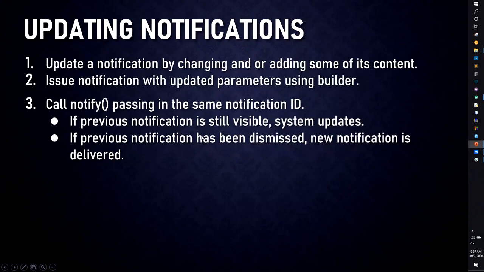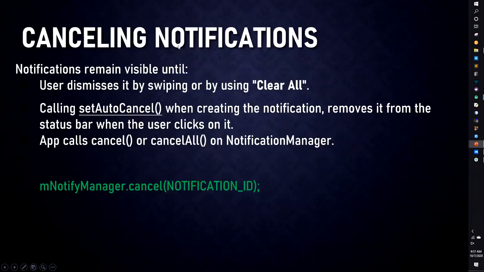If your previous notification is still visible in your notification drawer, the system will update that notification. If the previous notification has been dismissed, the new notification will be delivered. To cancel that specific notification, you can use the cancel method and pass the same ID that you used to create it.